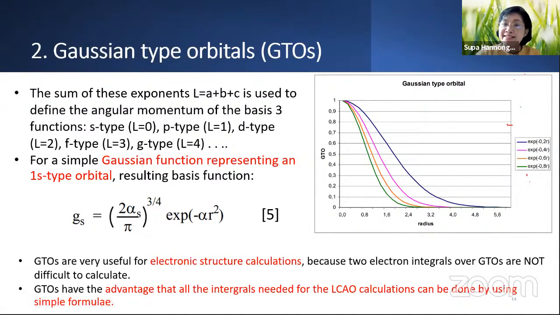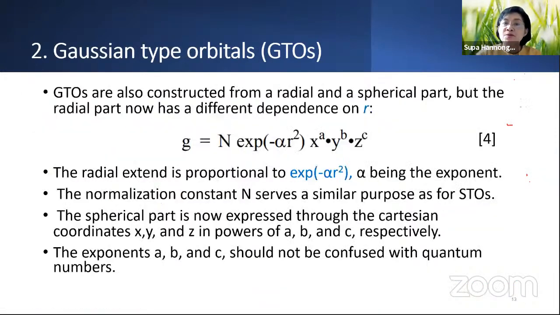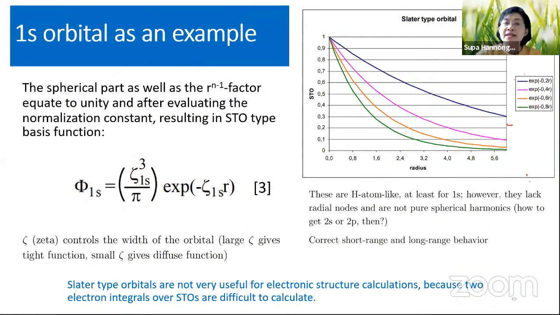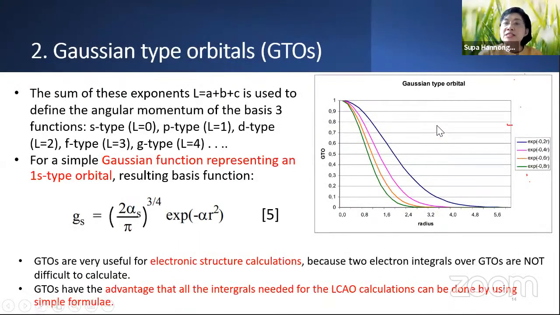You can see the difference. Same thing, but this one is very tight. But for the GTO, you can see the shape is quite nice, like a Gaussian curve.